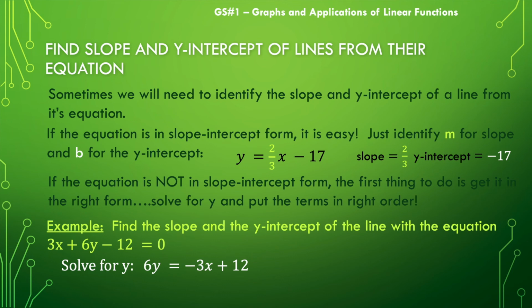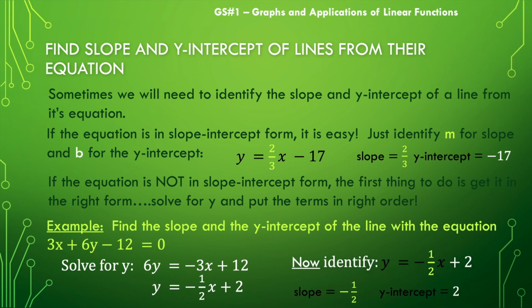Now I'll isolate the y by dividing everything through by 6, and I end up with y is equal to negative 3/6, which reduces to negative 1/2 x, plus 12 over 6, which is 2. So then, what is our slope? You should have answered the coefficient of the x, which is negative 1/2, and the y-intercept is positive 2.